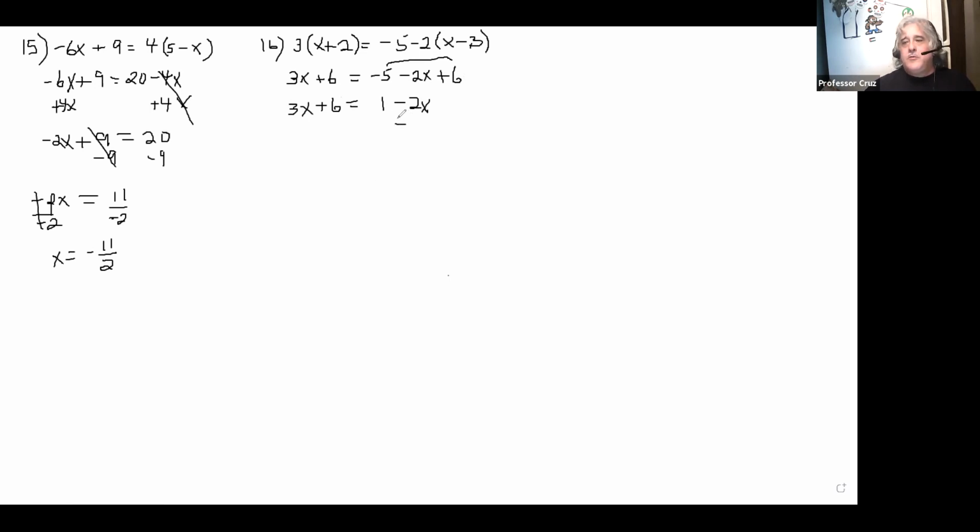So I'm just going to do traditional, get the x's from the right, collect them on the left. So 5x plus 6 is equal to 1. That's a 6, a terrible looking 6. Let me see if I can fix that 6.